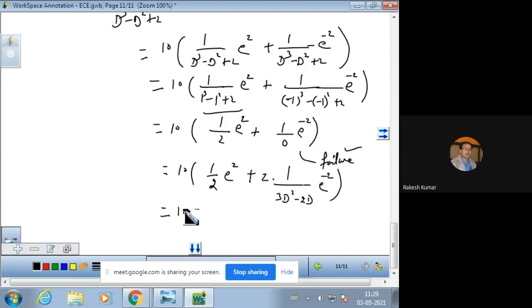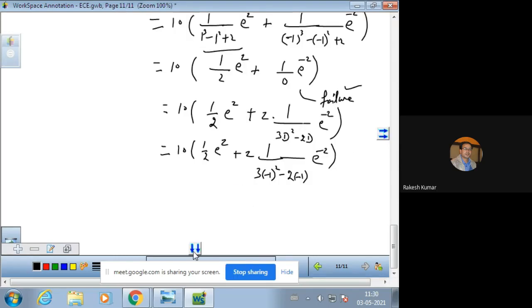So that is 1/10 e^z plus z. Put the coefficient of z in place of D again. So minus 1 squared minus 2 into minus 1, and e^(-z).